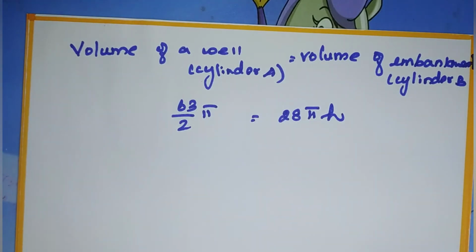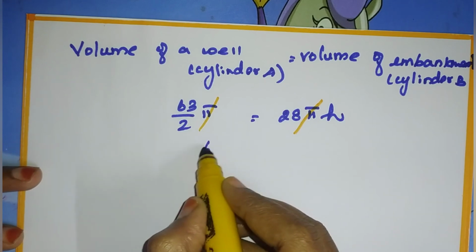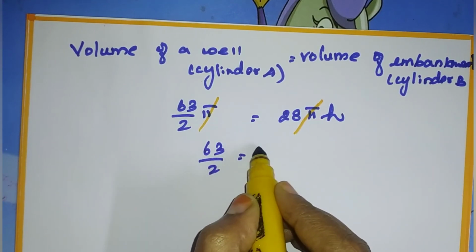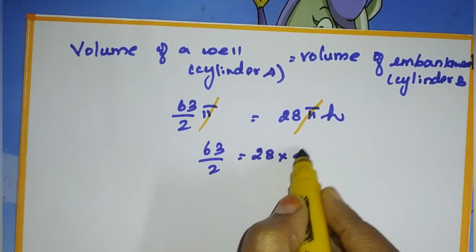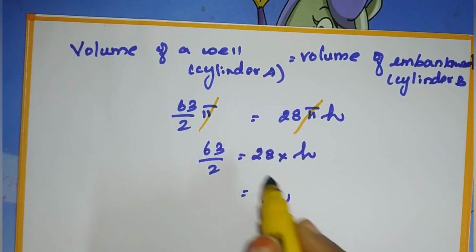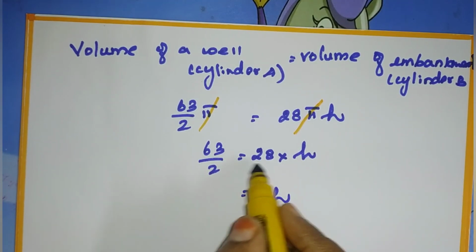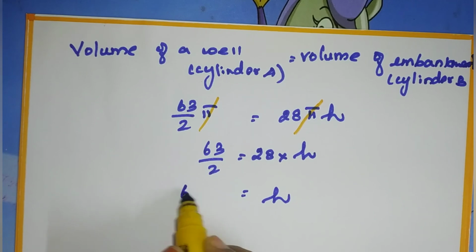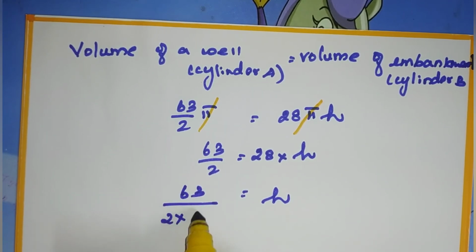Okay, so here we can cancel pi. Remaining things right, 63 divided by 2 is equal to 28 into h. This h value only we have to find. So I am going to shift this 28 to the left hand side denominator. 63 divided by 2 into 28. Okay. So we can't cancel anything here.